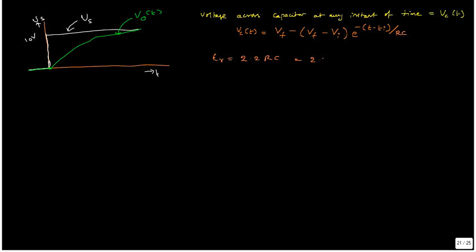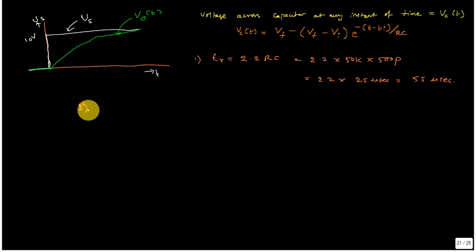So this is 2.2 into R, 50 kilo ohms, and C, 500 picofarads, which is 25 microseconds. So totally it will be equal to 55 microseconds. Rise time is equal to 55 microseconds. Okay, that is the first answer.